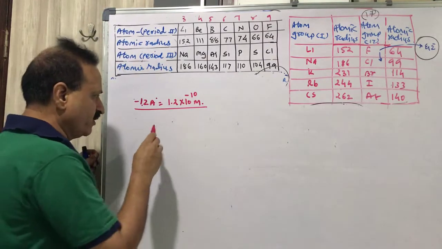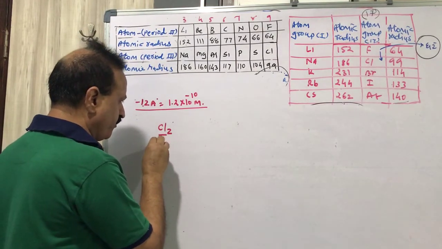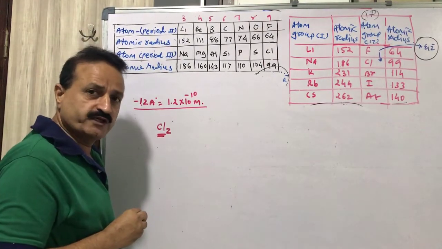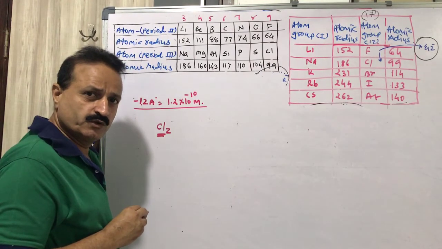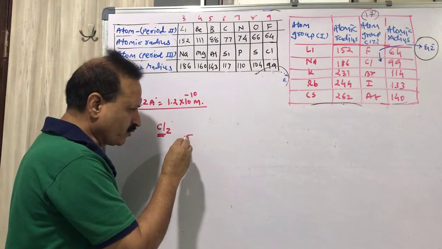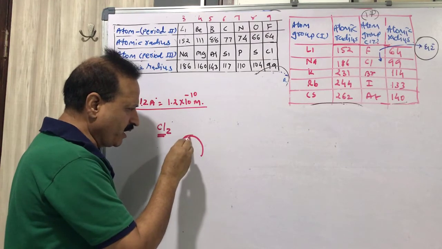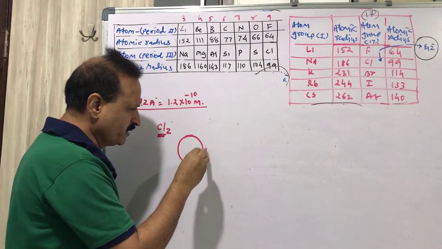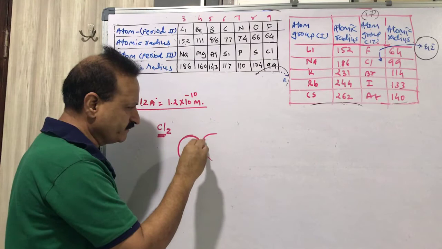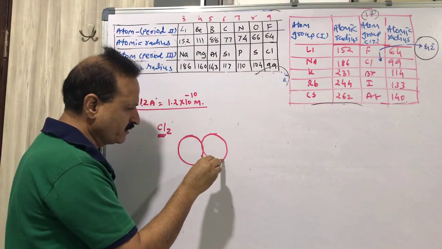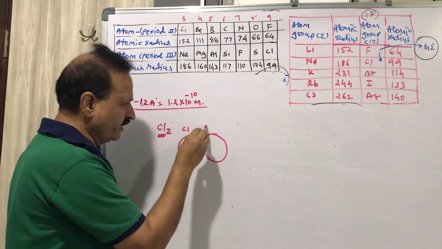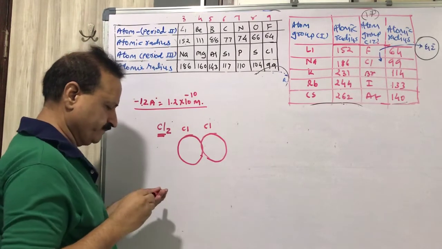Suppose we have Cl2, it is in the form of two atoms, it is a molecule. So two chlorine atoms are like this. This is one chlorine, this is another chlorine.